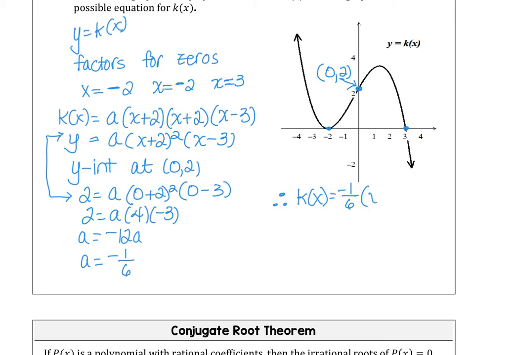So we've taken knowledge about polynomials, an ordered pair that we could visually see, and we've written an equation that models the behavior of that polynomial function. That's called using the rule of 4.